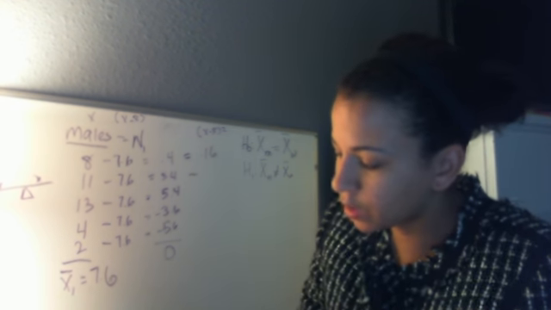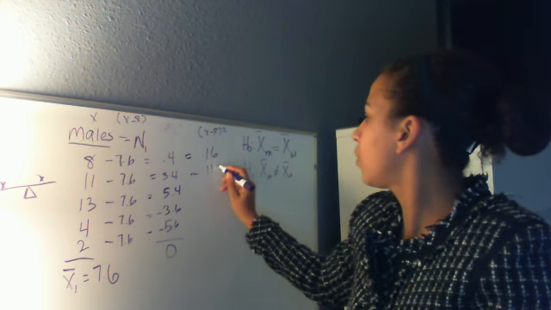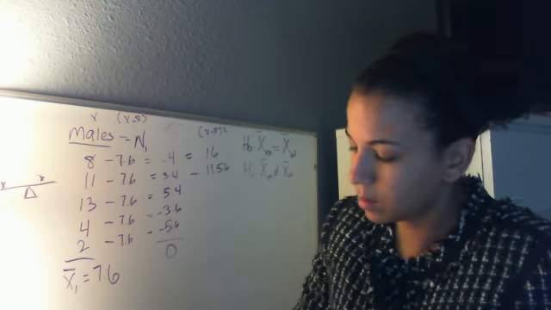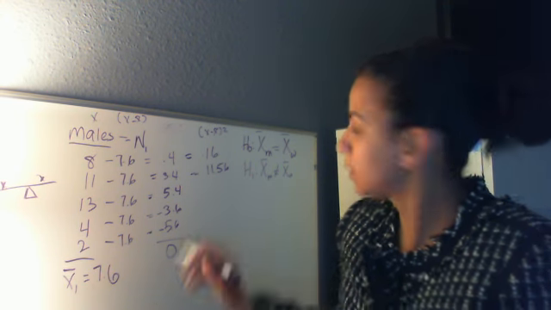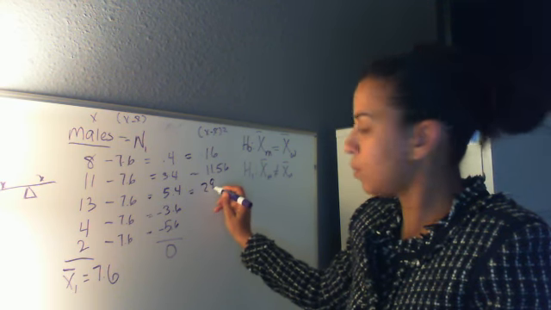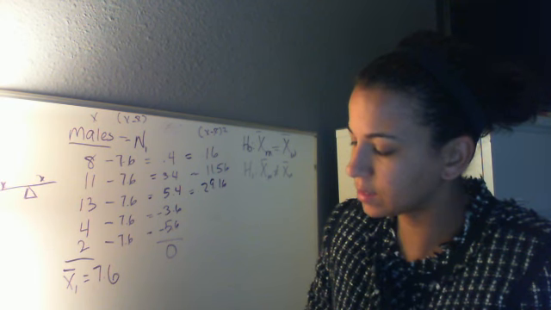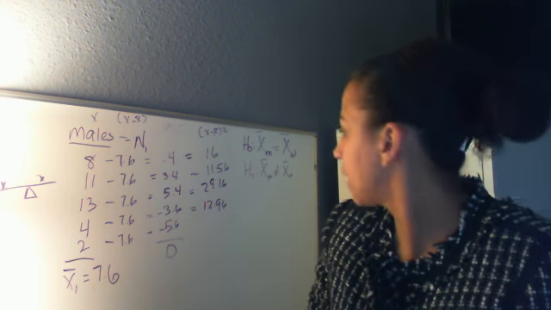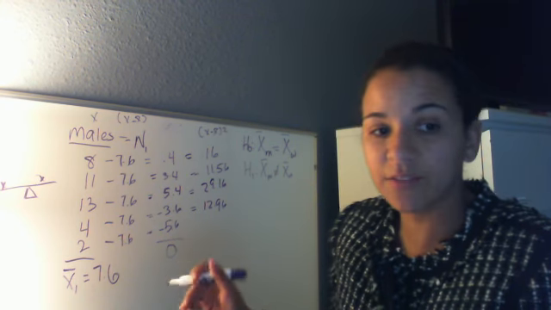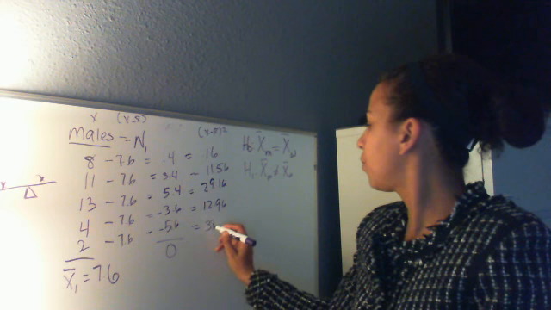Alright, if I take 3.4 times 3.4, you get 11.56. 5.4 times 5.4 is equal to 29.16. 3.6 times 3.6 is equal to 12.96. And negative 5.6 times negative 5.6 is equal to 31.36.